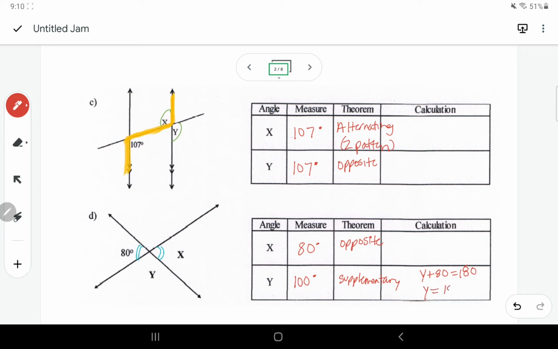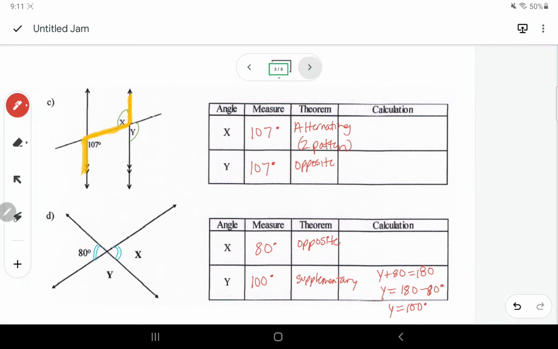So Y is 180 minus 80. So Y is 100 degrees. So we're subtracting there from the 180. So again, just double checking your own work here, guys. And these will be posted as well.